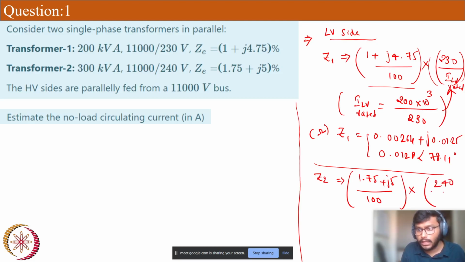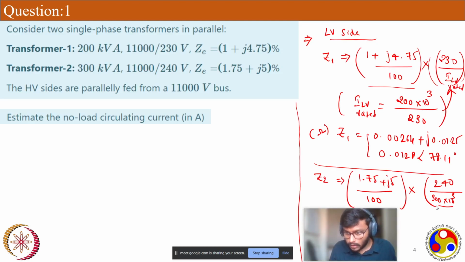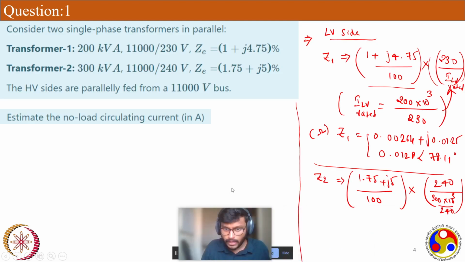That is 240, divided by the kVA of the second transformer, which is 300 into 10 cube, divided by 240. Someone please calculate with me this one. 1.75 plus j5 divided by 100 into 240 squared over 300 into 10 cube.